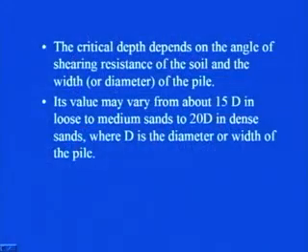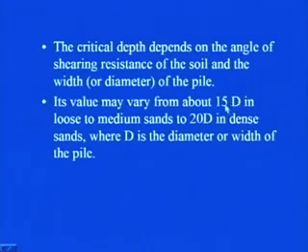Its value may vary from about 15 times diameter in loose to medium sands to 20 times diameter in dense sand, where d is the diameter or width of the pile. So, if the pile is surrounded by loose to medium sand, roughly you can take this critical depth to be equal to 15 times the diameter of the pile.